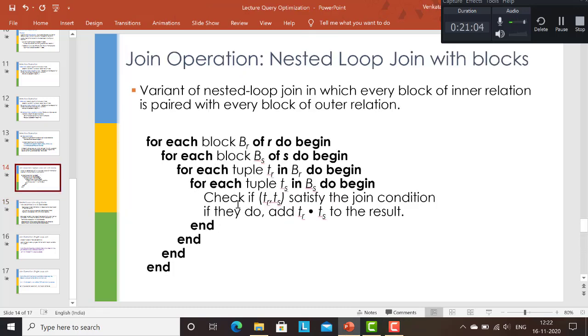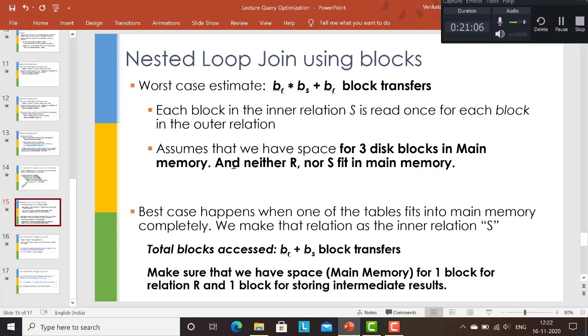The algorithm looks very straightforward, but depending on your conditions, the number of block accesses will change. This expression will change, right? The typical question you can expect from this topic is that I'll give you a query like this: select star from employee, department where employee.department_id equals department.dn.